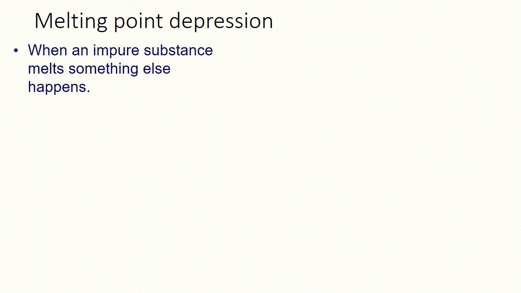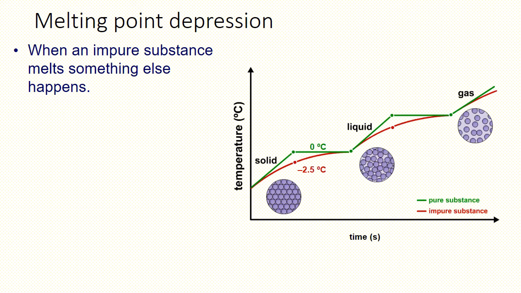We said that melting point was a little bit different, because what we find is that the melting point actually decreases. Here we can see it represented within this diagram. We've got pure water represented by the green line, and we can see that the melting point, or the freezing point, of our pure water is 0, whereas the red line is seawater, and the graph looks very different.